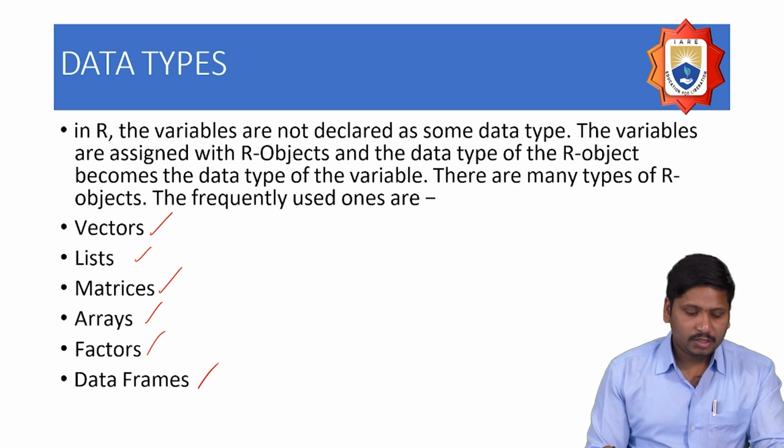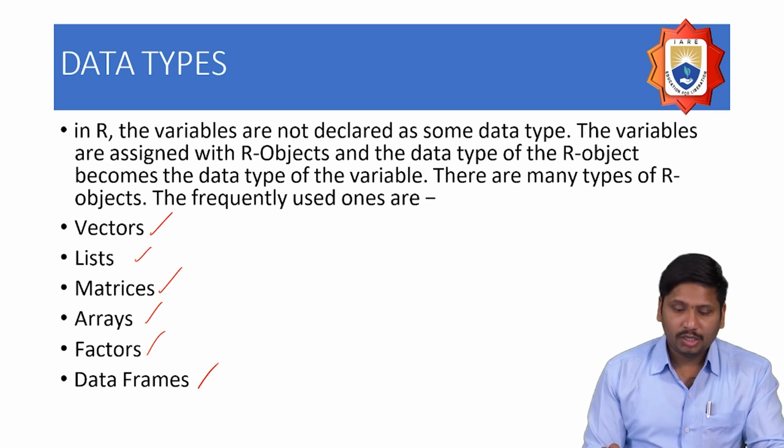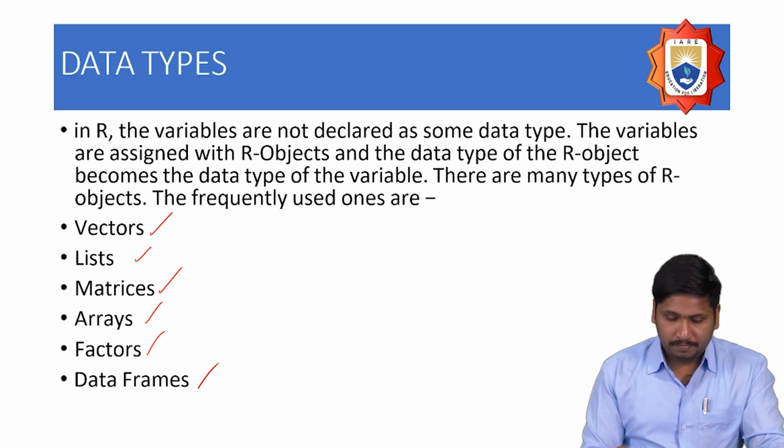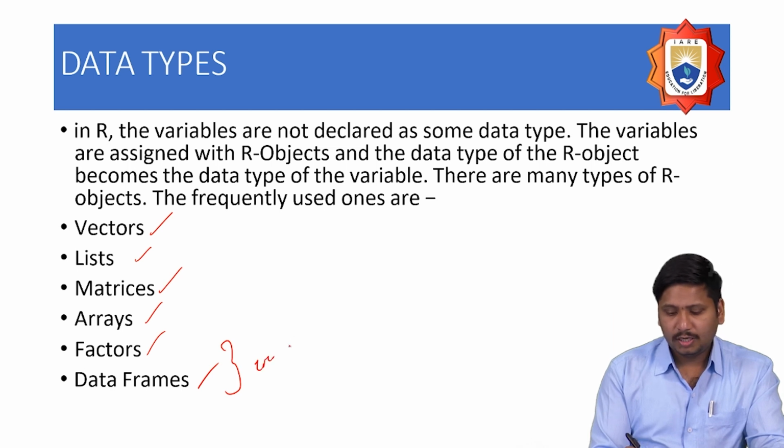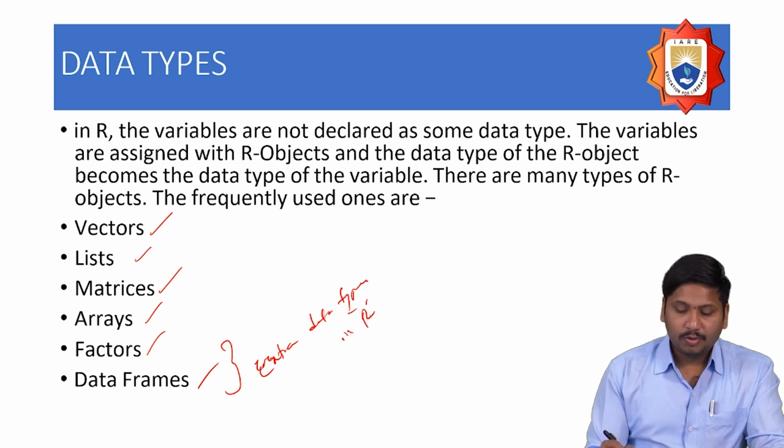These are the various data types that are going to be used in our program. So lists, vectors, which we already know, and then matrices, arrays, factors, and data frames. The last two are the extra data types that are seen in R programming.